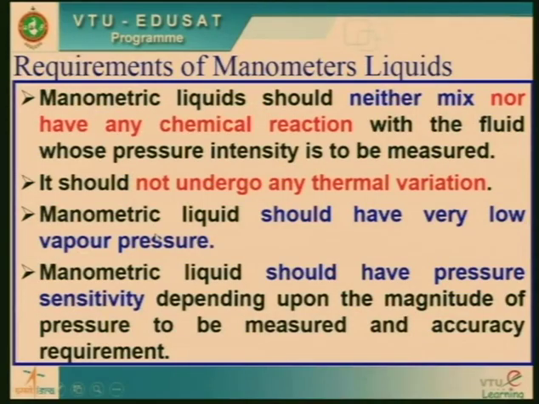Next point is that the manometer liquid should have very low vapor pressure. That is very important, and mercury suits that. At the same time, the manometer liquid should have pressure sensitivity. What exactly does it mean? For example, some people are very sensitive. By chance, if you are in a theatre or at a bus stand and you just touch them, they stare at you.